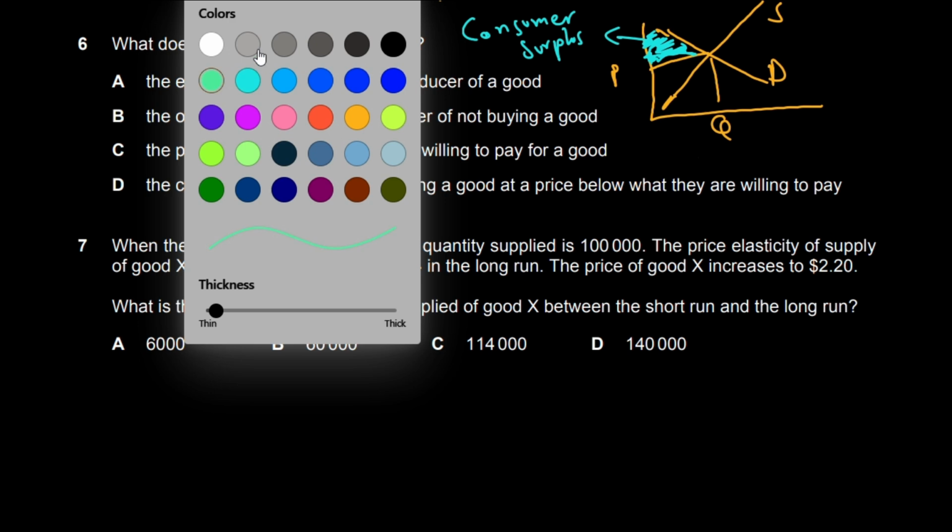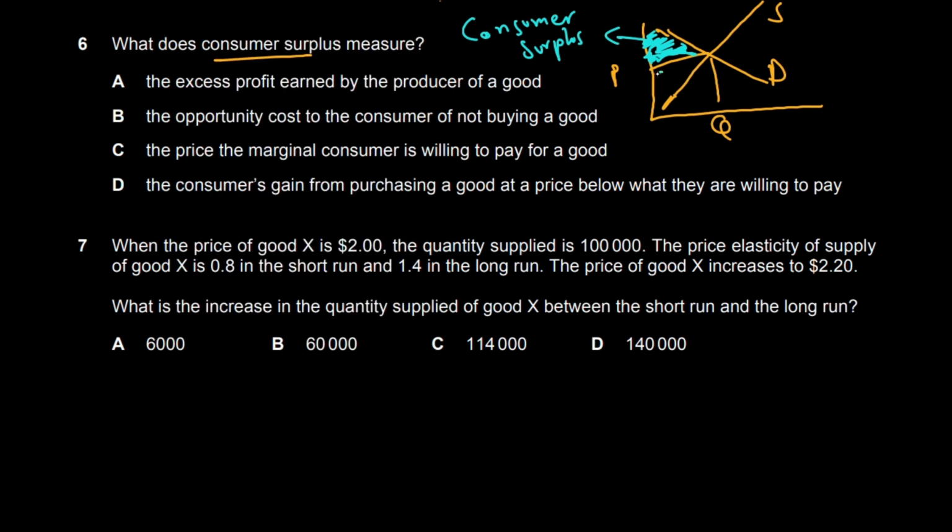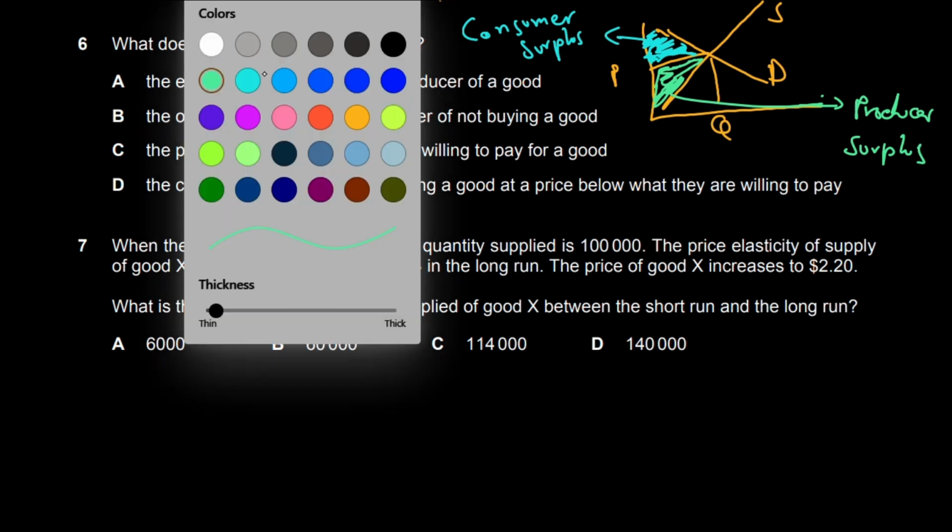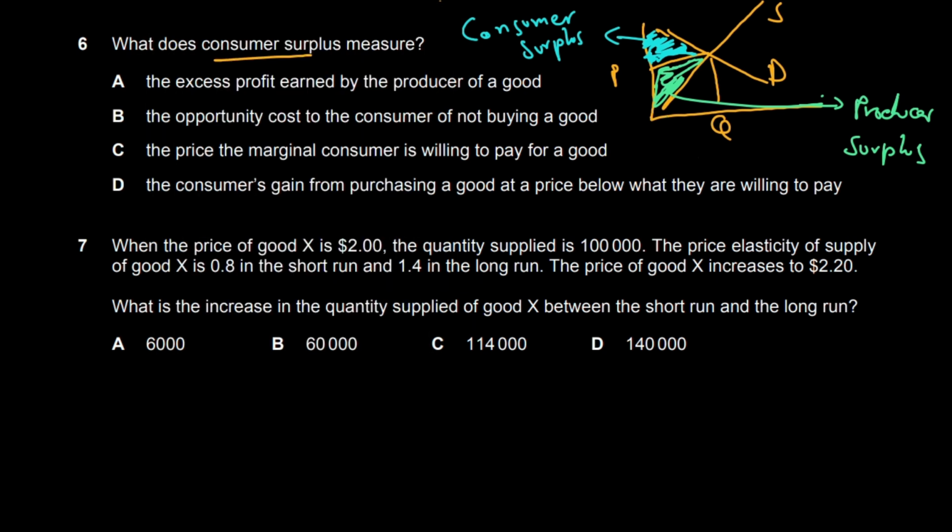While the area above the supply line and below the price line is our producer surplus. So when you are able to identify the consumer surplus and producer surplus from a graph, it will be quite easy for you to solve questions, especially the ones that come with a complex diagram.